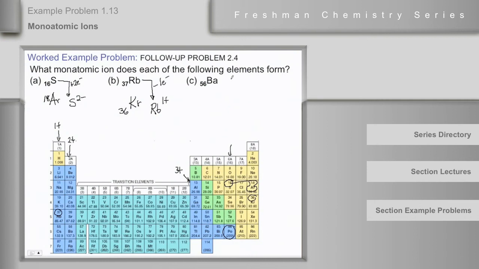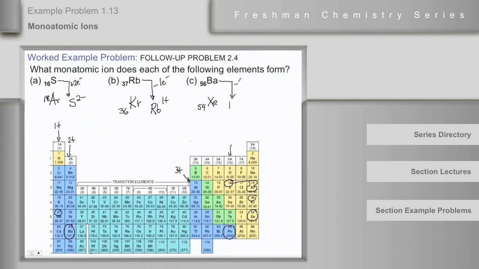If we look at barium, element number 56, we find it here in the periodic table, group 2A. The nearest noble gas is xenon with 54 protons. Z is equal to 54. So we would have xenon 54, and we would see that barium would have to lose 2 electrons to form an ion with the same number of electrons as xenon.